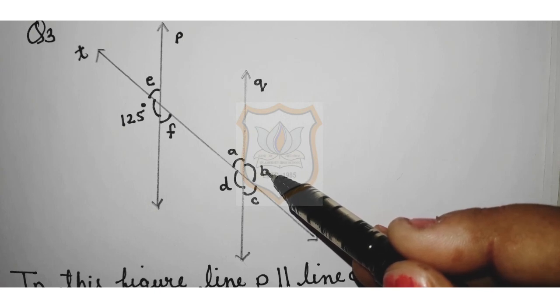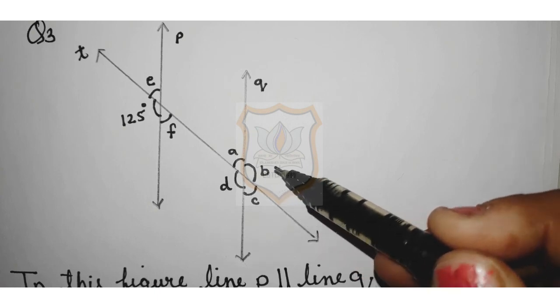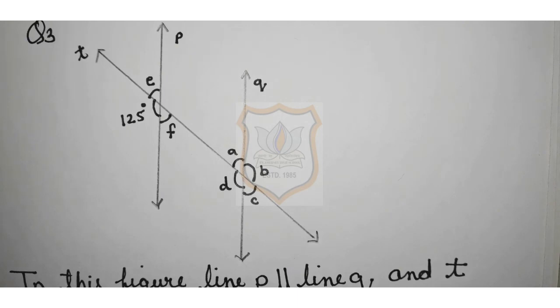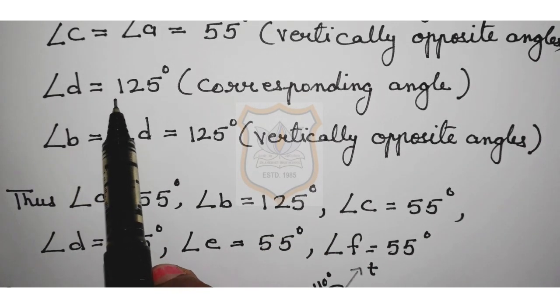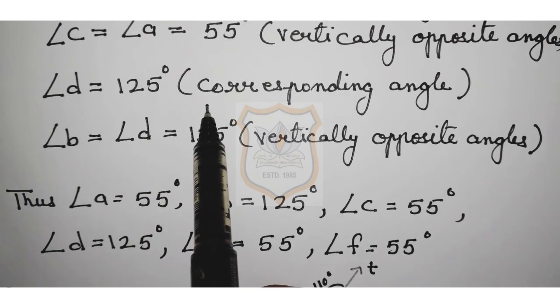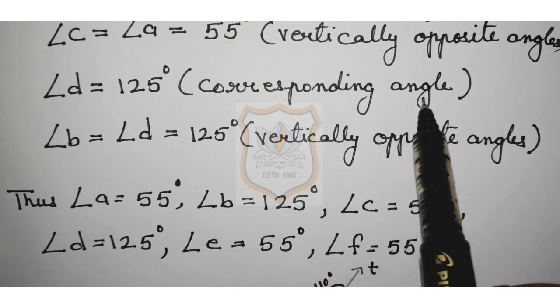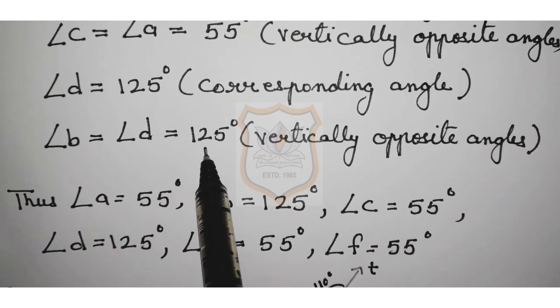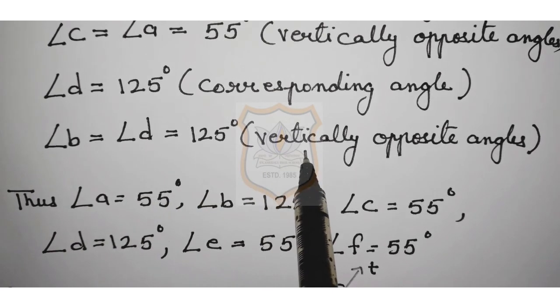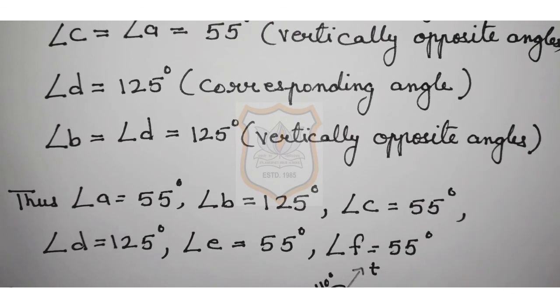Because they are vertically opposite angles. So how you have to write that I will tell you. Students, in this way you have to write the answer. Angle D is equal to 125 degree. Why? Because they are corresponding angles. And angle B is equal to angle D, that is equal to 125 degree. Why? Because they are vertically opposite angles.